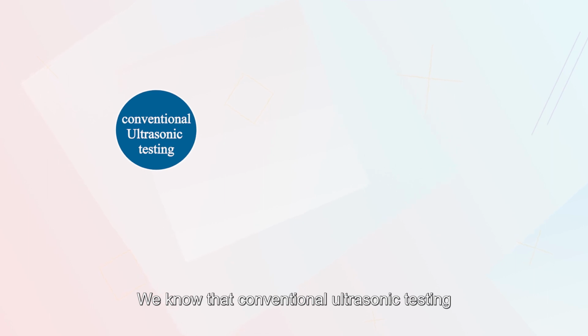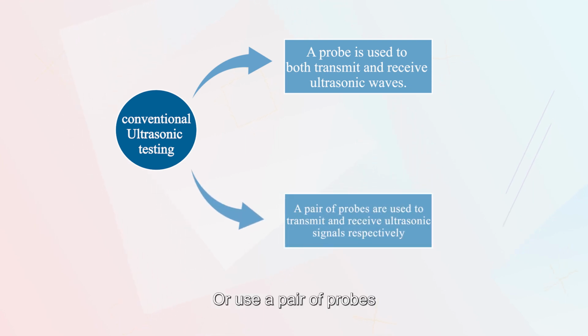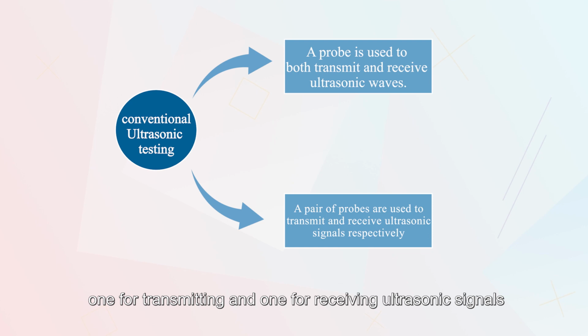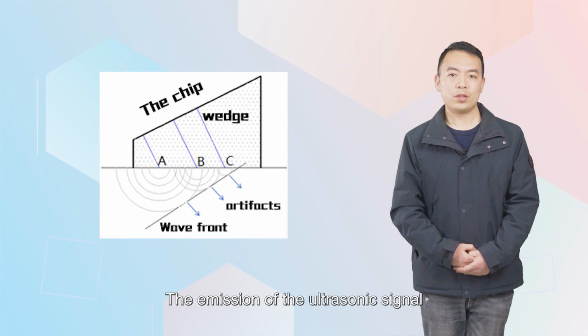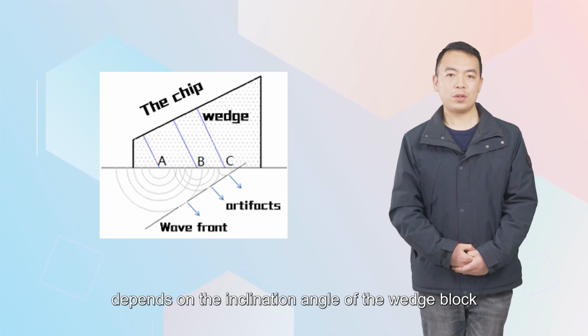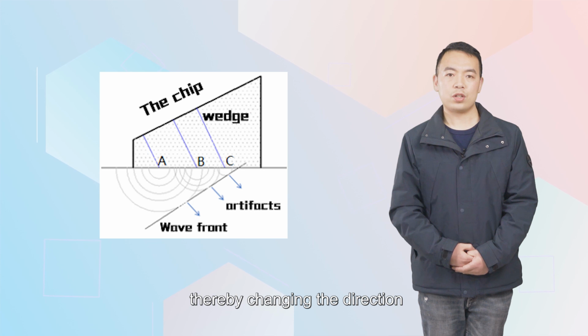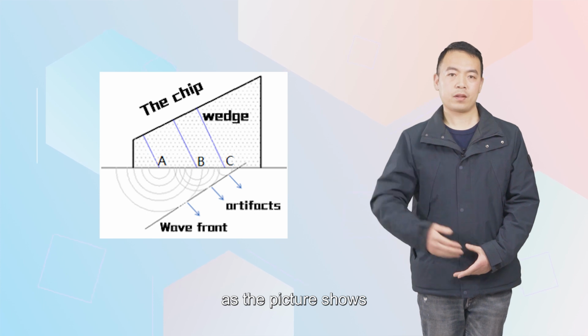We know that conventional ultrasonic testing used a probe that both transmits and receives ultrasonic waves, or used a pair of probes, one for transmitting and one for receiving ultrasonic signals. The emission of the ultrasonic signal depends on the inclination angle of the wedge block to cause the delay of the sound wave at each point of the wafer, thereby changing the direction of entering the workpiece as the picture shows.